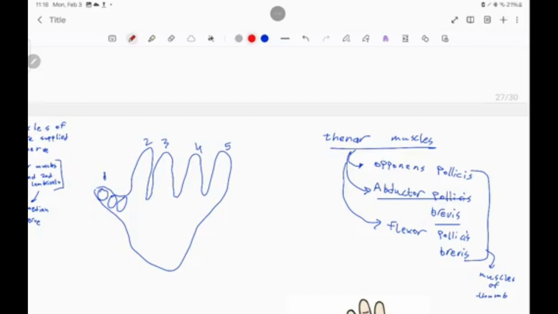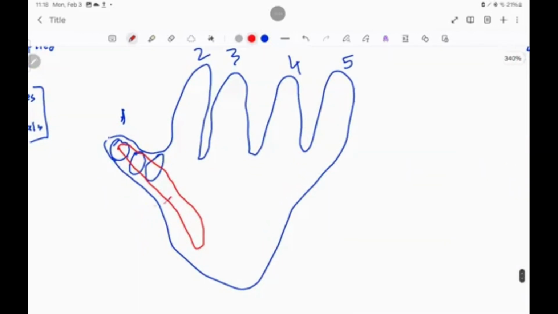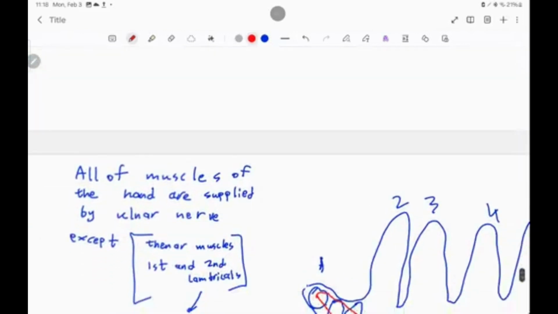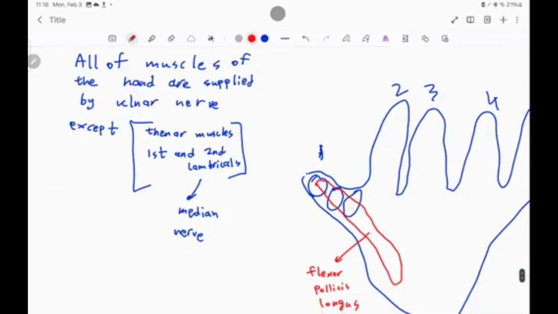I'll draw the flexor pollicis longus coming from the ulna. Here is the flexor pollicis longus. Okay, now this muscle is supplied by which nerve? I said this muscle is not an intrinsic hand muscle. It came from the forearm. So the rule we did right here does not work on it.